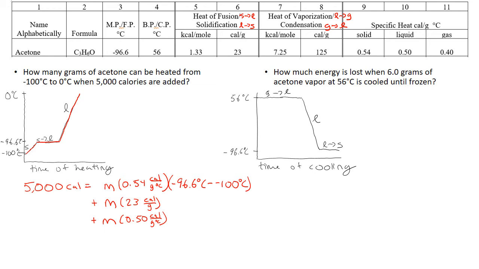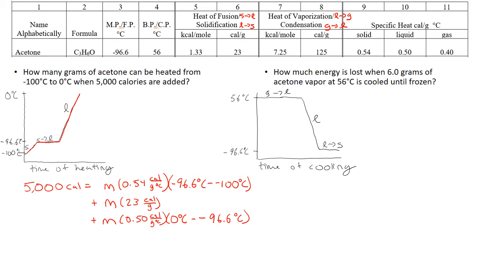Then this last one went with the liquid segment, so that one ended at 0, started at negative 96. We make sure we just do final minus initial for that individual segment. And that's our whole setup here. In this case, this would now be an algebra problem of grouping like terms and solving for M.